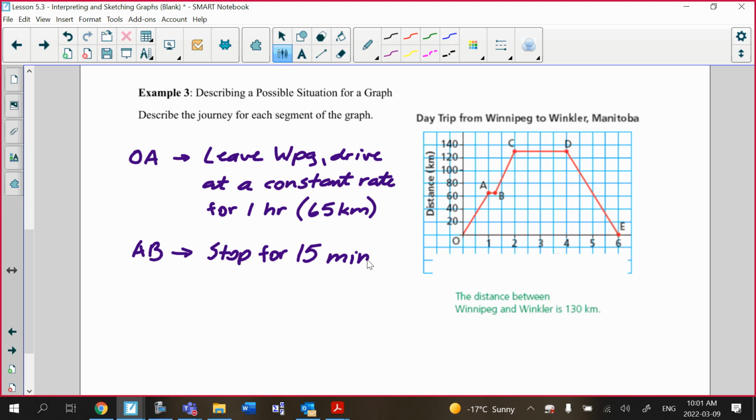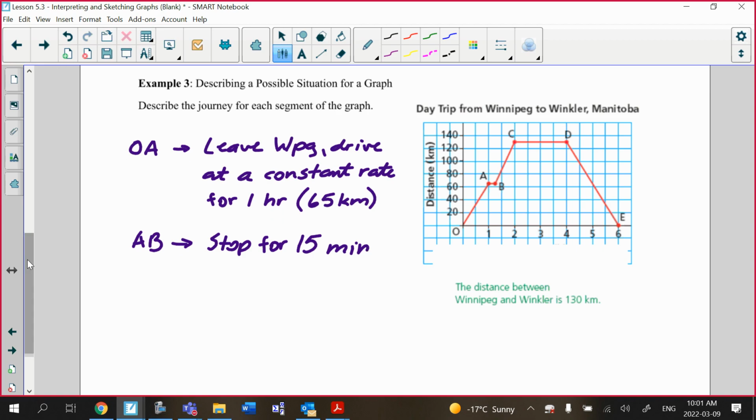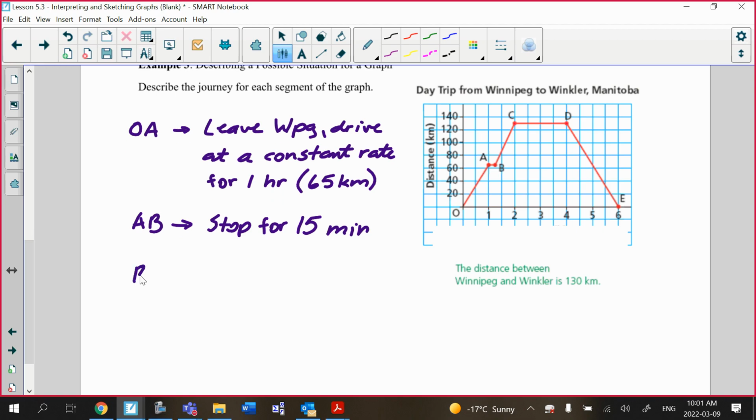So from B to C, we drive at a constant rate because it's a straight segment. And how long do we drive for? Well, 15 minutes, then an hour, so an hour and 15. Is that right?